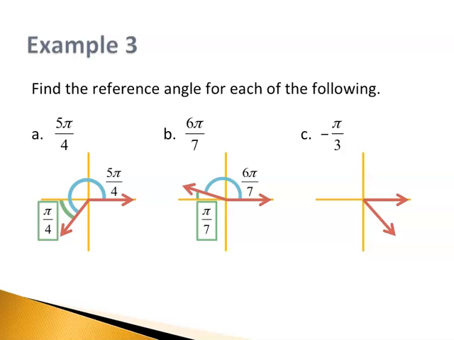So we know this is negative pi over 3. Now this one, the reference angle, is the terminal side with the nearest x-axis. So this happens to be this same angle measure, but remember that reference angles are always going to be positive. So the angle measure here is going to be pi over 3.